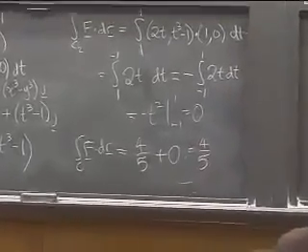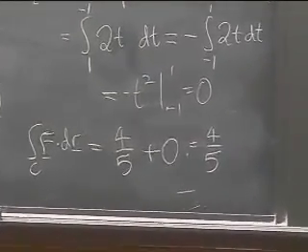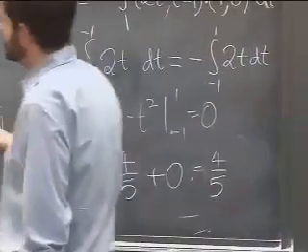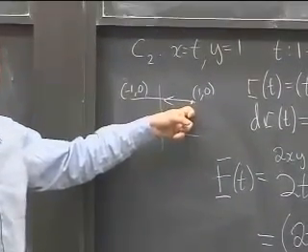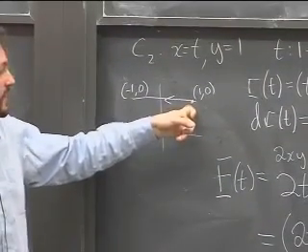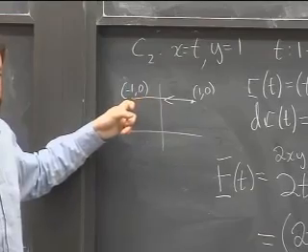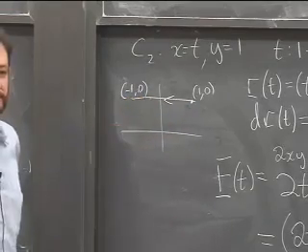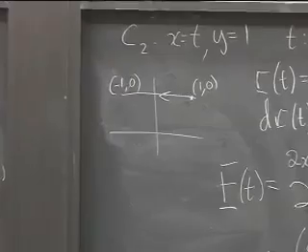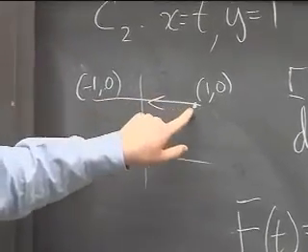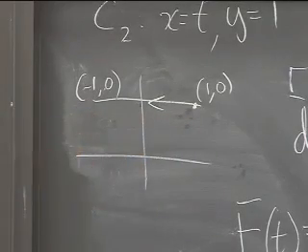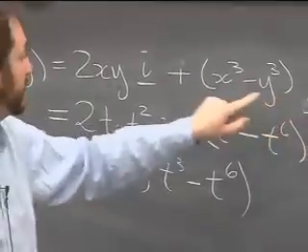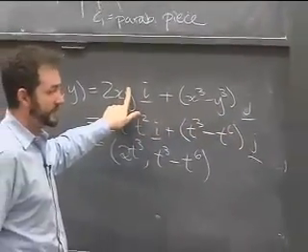So the second part being 0 is not saying that along that second line segment, the function value doesn't change at all. If the function value didn't change, say the function value was 3, then the value of the integral would be 3 times the length of the thing. Instead, it's a matter of the function being odd along here. F is 2xy i plus (x cubed minus y cubed) j, and both of these are evaluated when y is 1.